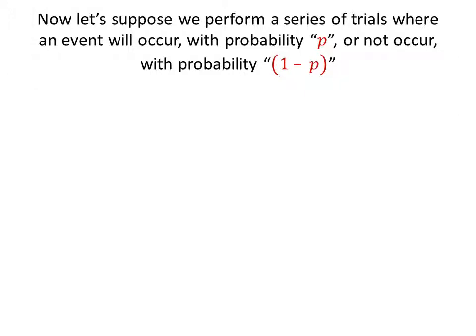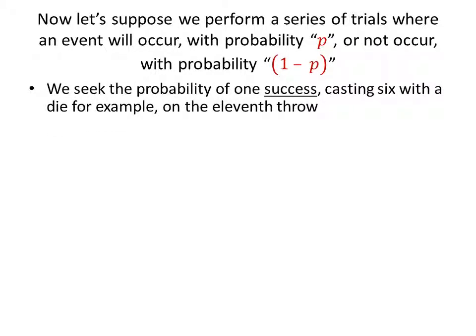Now let's suppose we perform a series of Bernoulli trials where an event will occur with probability p or not occur with probability 1 minus p. We seek the probability of 1 success, casting a 6 with a die, for example, on the 11th throw.